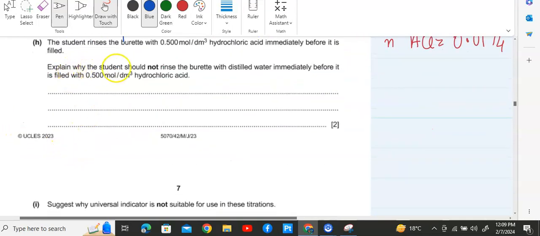Now the student rinses the burette with 0.50 mole per dm cube HCl immediately before it is filled. Explain why the student should not rinse the burette with distilled water immediately before it is filled with 0.50 mole per dm cube HCl. So you have to write it in 3 points. Number 1, if we wash the burette with distilled water, the concentration will be changed.